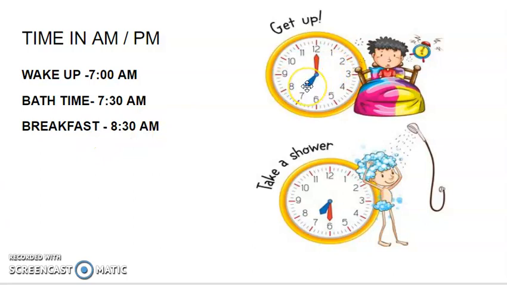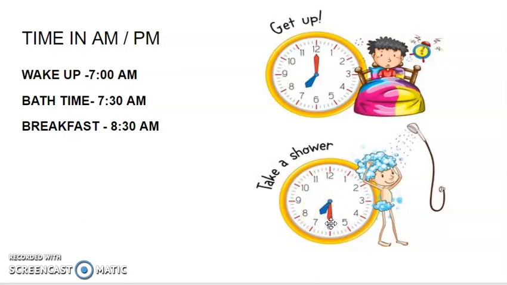The small hand here is on 7 and the big on 12. So it is 7 o'clock, or we can say 7 a.m. time. Now you go for bath or taking a shower at what time? Let us see. The small hand is on 7 and the big hand on 6.